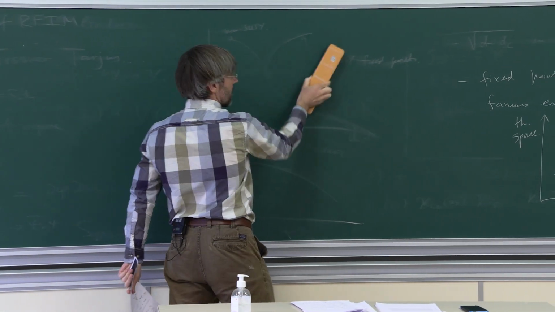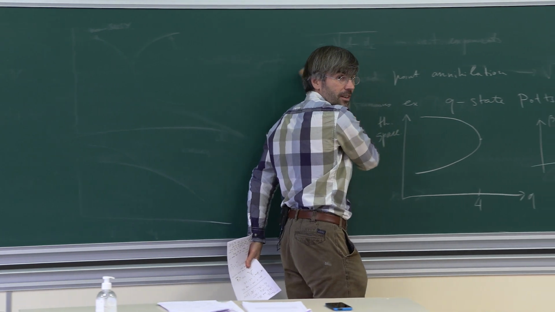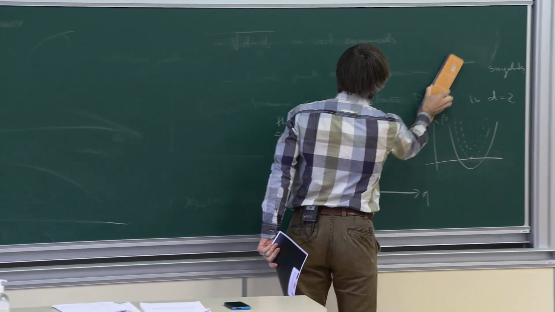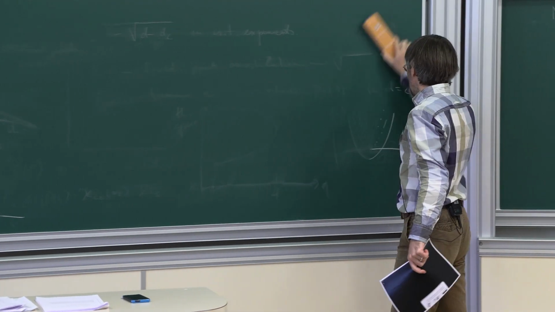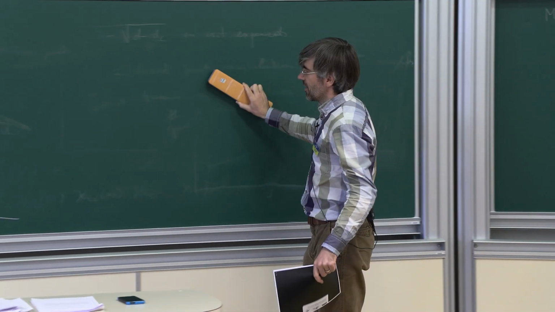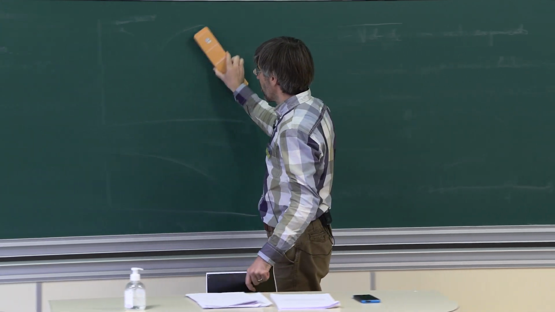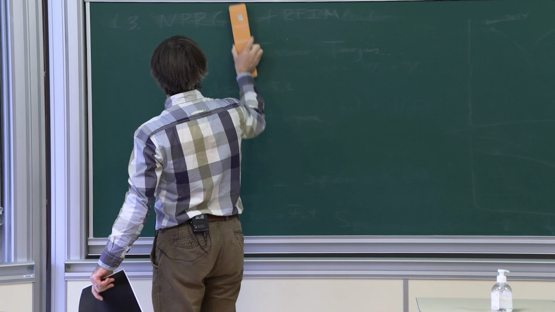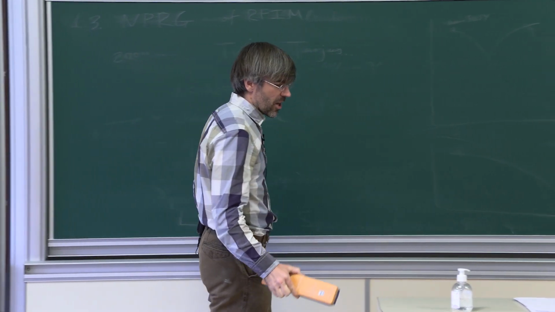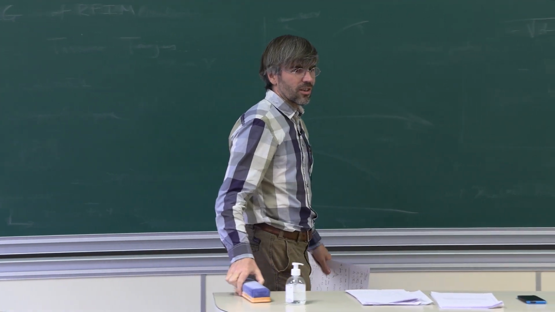What if you only have one relevant deformation, therefore one of them will be automatically tuned? Well, but we have seen in the results of our anomalous dimension calculations that both of these operators cross the relevance barrier between 4 and 5 dimensions.